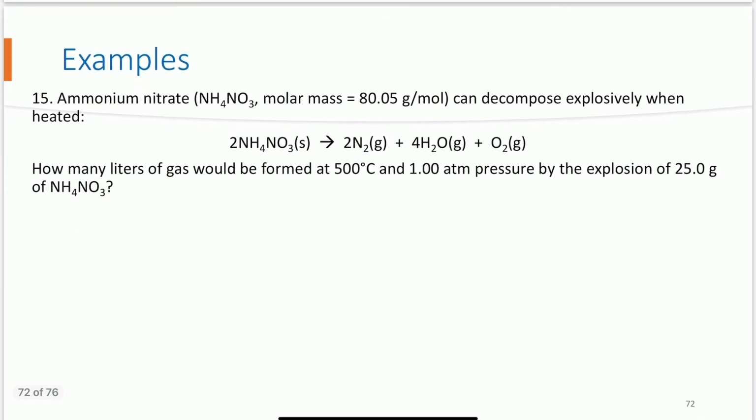Number 15, ammonium nitrate, NH4NO3, molar mass of 80.05 grams per mole, can decompose explosively when heated. So I'm looking at ammonium nitrate, which gives me a balanced reaction. How many liters of gas will be formed at 500 degrees C and 1 atmosphere of pressure if I explode 25 grams of ammonium nitrate?